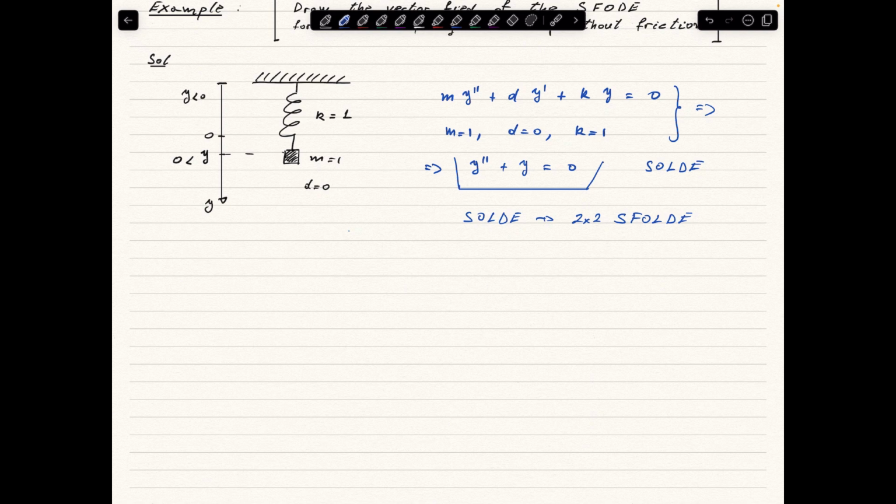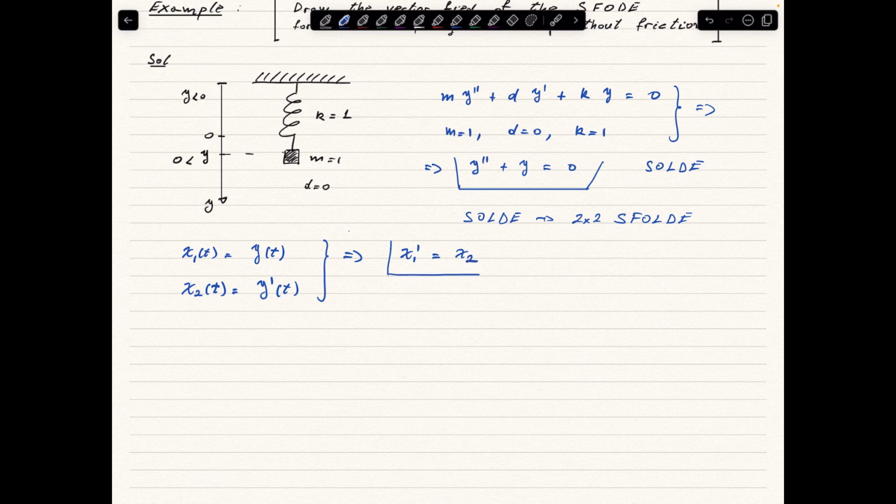In the usual way, we are going to call x1 of t the function in the problem, in this case the displacement, and then x2 of t is the derivative of the displacement, so the velocity. With that, we get one equation that is fixed by this definition, which is that x1 prime is equal to x2.